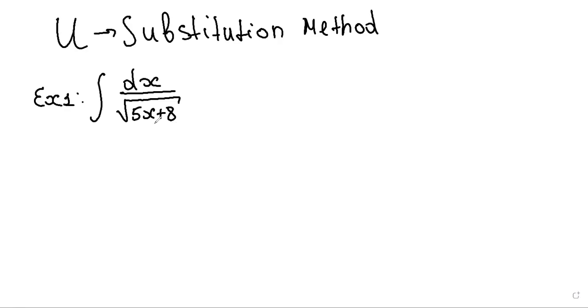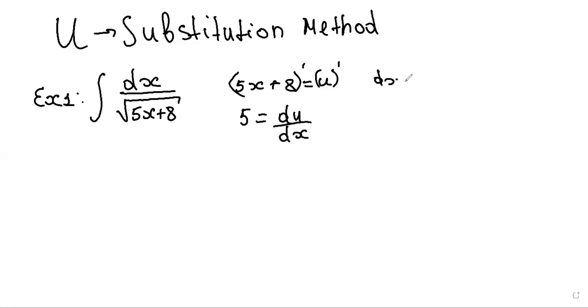We substitute this expression 5x plus 8 as u, so we find the derivative of both sides with respect to x. In this type of expression, the derivative is going to be 5, and this is equal to du divided by dx. From here, we find that dx is equal to 1 over 5 du.